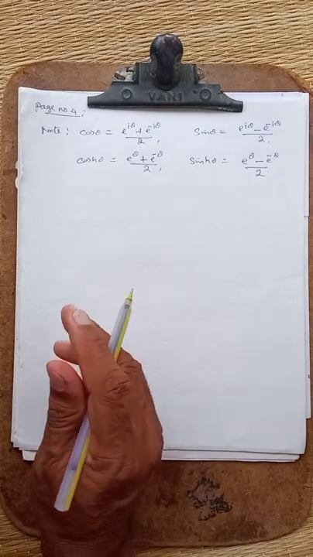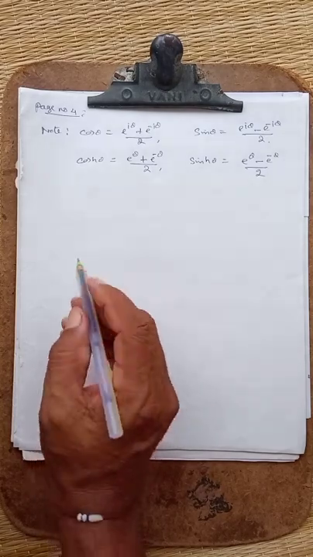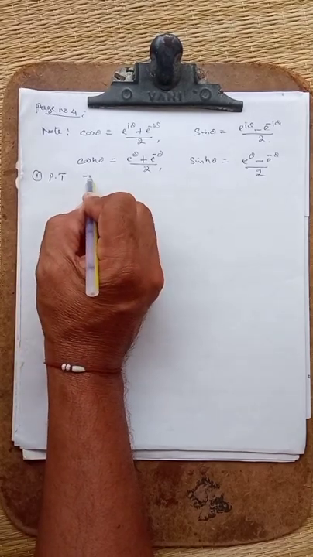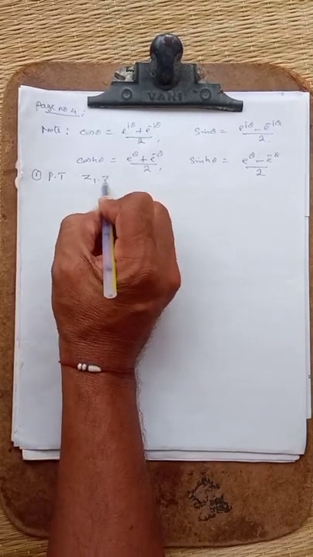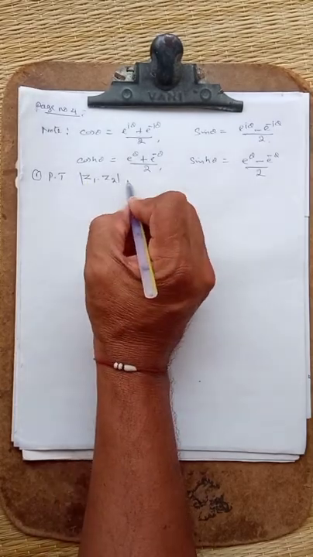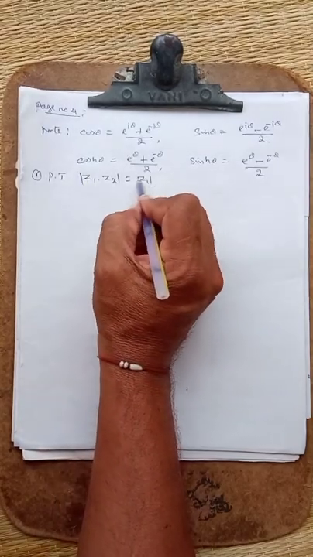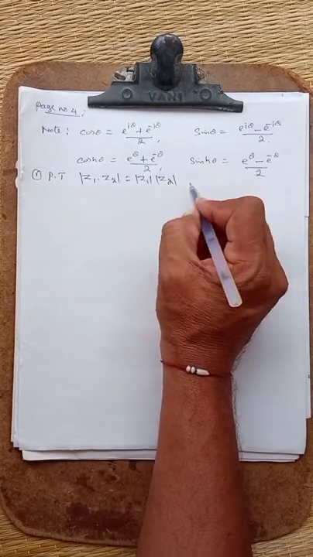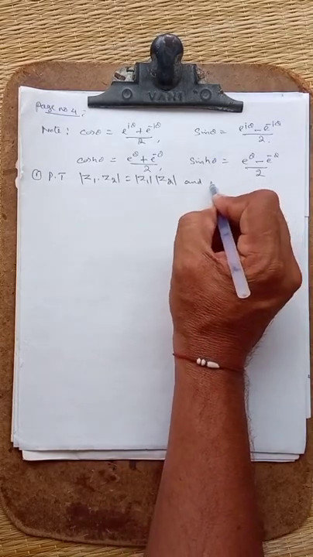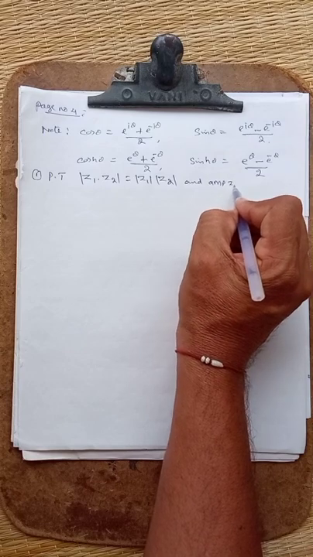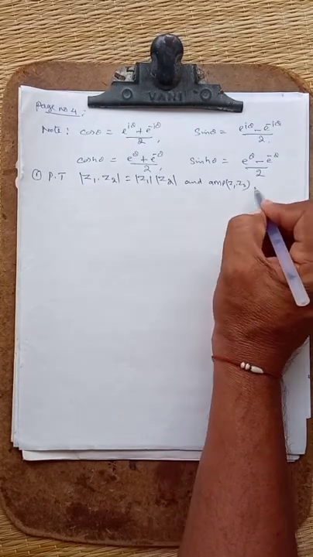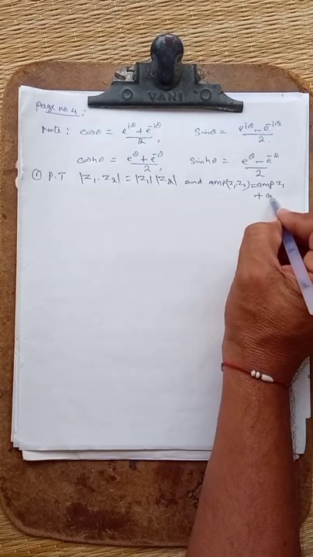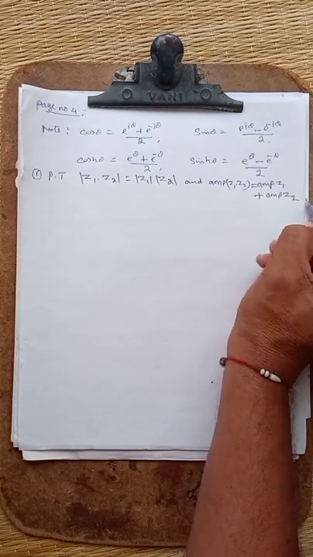Okay, today we shall solve some problems. So prove that modulus of z1 into z2 equals mod z1 into mod z2, and amplitude of z1 into z2 equals amplitude of z1 plus amplitude of z2.